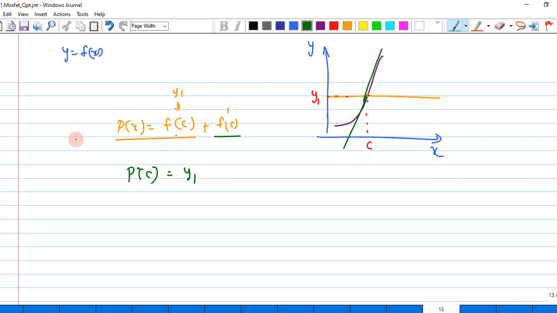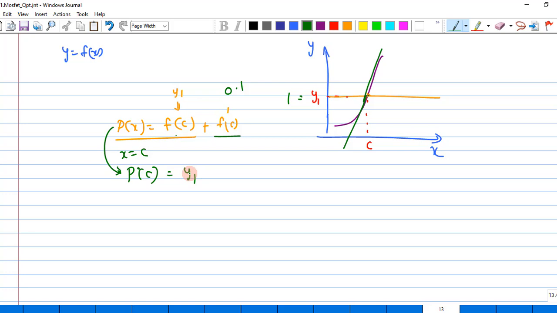Let us assume that the slope value is 0.1 and the y1 value is 1 volt, or 1. When x is exactly equal to c, does this polynomial reflect 1, or 1.1? It reflects 1.1. That is not the one that we wanted.